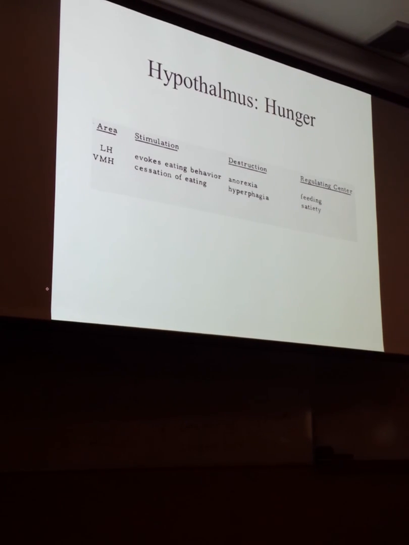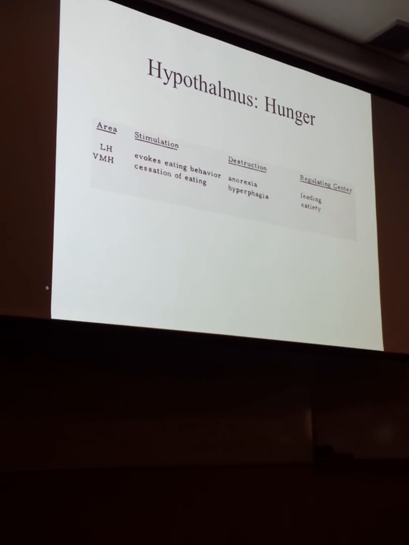So your hypothalamus also regulates other things, like for example, hunger. The lateral hypothalamus, if you stimulate it, makes you want to eat. If you stimulate the ventral medial hypothalamus, you become anorexic. The way these are typically studied is by destroying them.